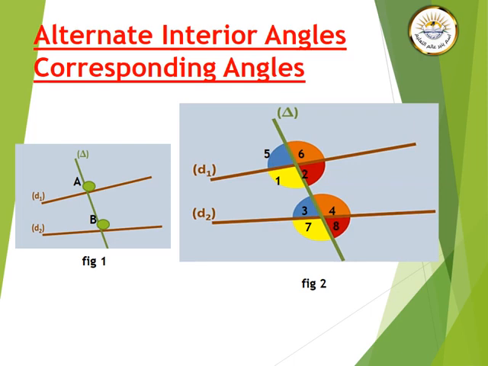We have other corresponding angles between the two red, the two orange and the two yellow angles in this figure. As we see, the two corresponding angles are located at the same side from the secant. For example, in figure 1, both of the two corresponding angles are located on the right from the secant.